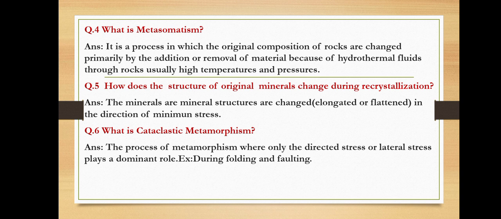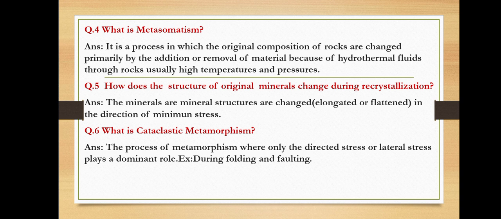And those will take place as per the agents which are working at the time of the metamorphic process. So metasomatism is also a metamorphic process, but here hydrothermal fluids or chemically active fluids will play the vital, major role.